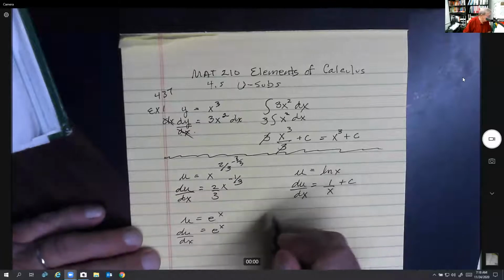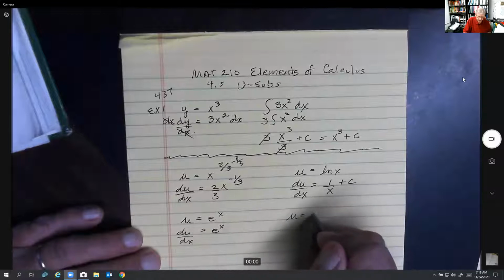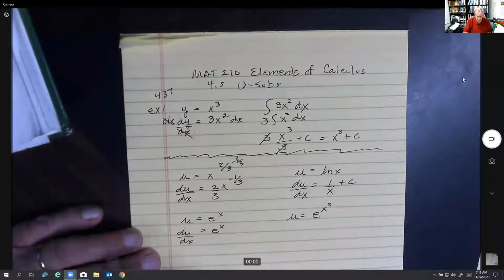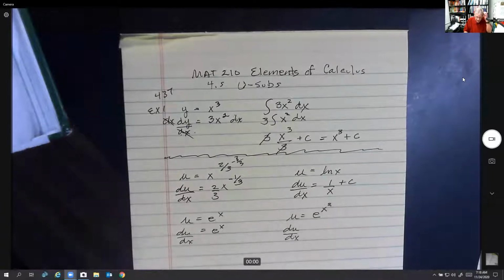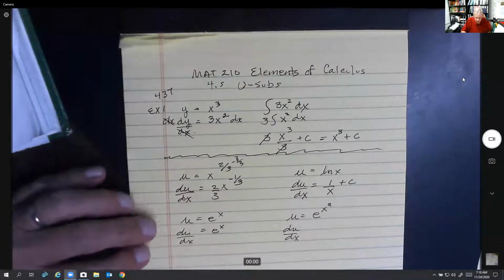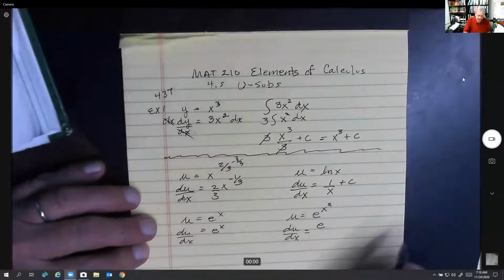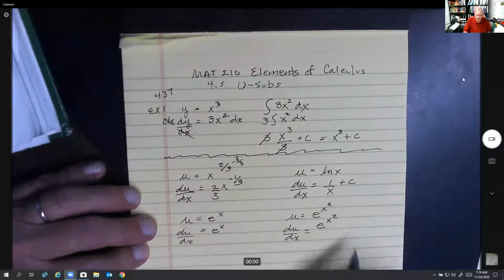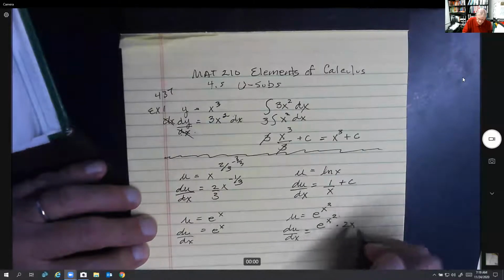Okay, what if we had something a little bit more challenging? What if we had u equals e to the x squared power? So du over dx, let's see, what would that be? Well, here we'd have to use the chain rule. This is equal to e to the x squared times the derivative of x squared, 2x, chain rule.